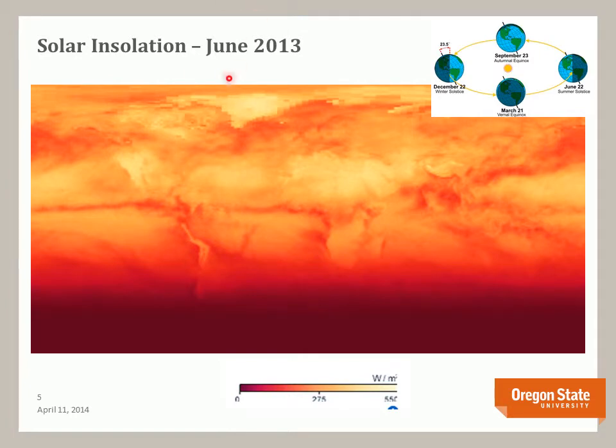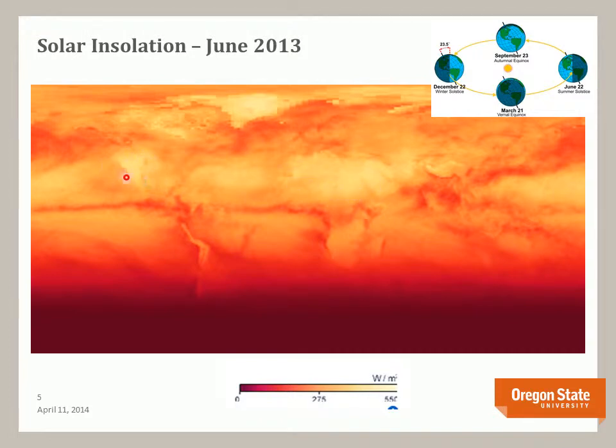Now to June of 2013. We're over here on the orbit, we've had the switch, but notice that that band along the equator is still present. So it's a pretty cloudy area, but we have not much incidence of sun down here, and very high incidence along the desert areas here, Saudi Arabia and the Sahara.